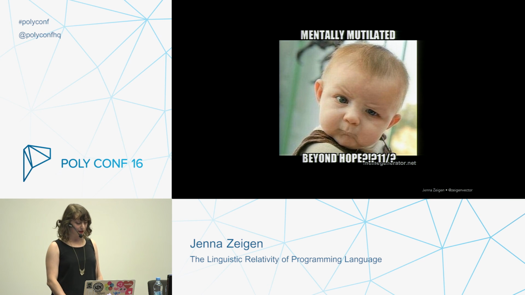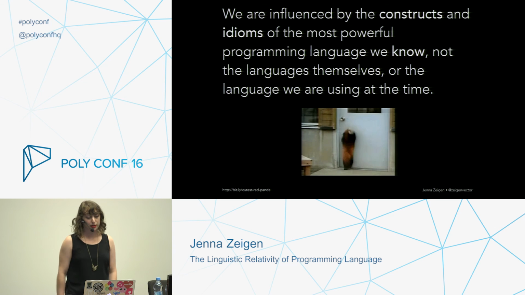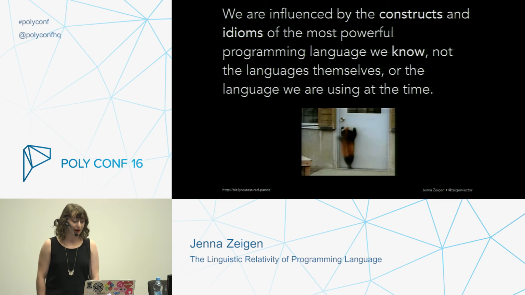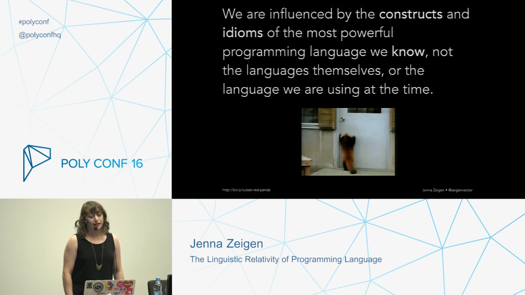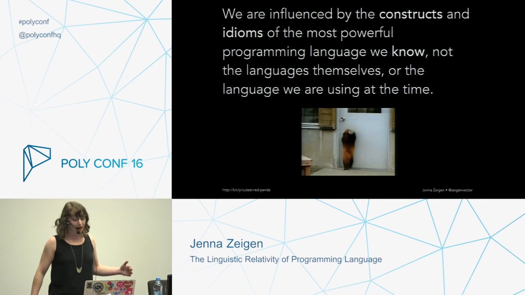So, with all that talk about macros and recursion, I would like to slightly amend my previous linguistic relativity of programming languages proposal and say that we are influenced by the constructs and idioms of the most powerful programming language we know, not the languages themselves or whatever language we happen to be using at the time.